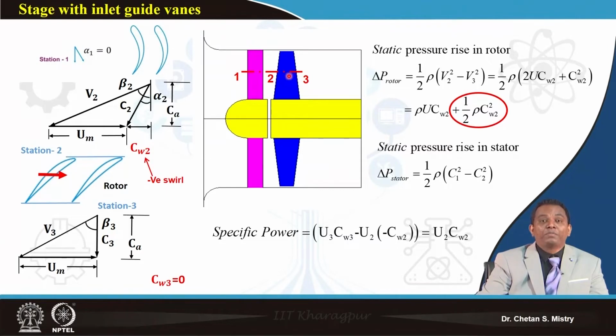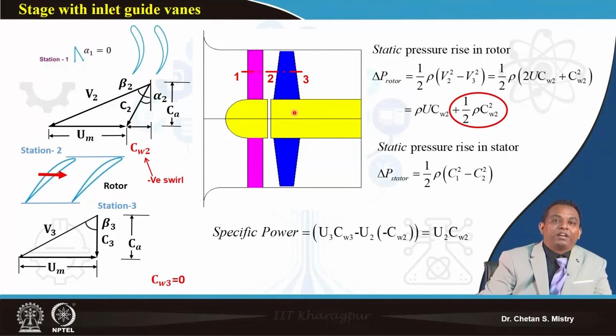Many times, in order to modulate the mass flow rate entering the rotor, that is also done using these inlet guide vanes. If I use a variable pitch configuration for the rotor, in a rotating condition it will be tricky and challenging in terms of mechanical design.